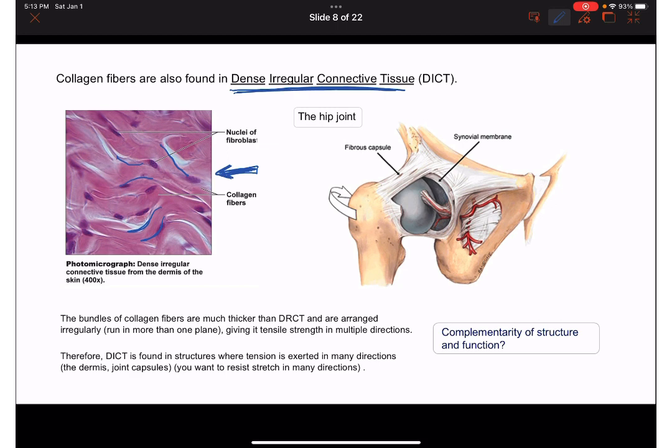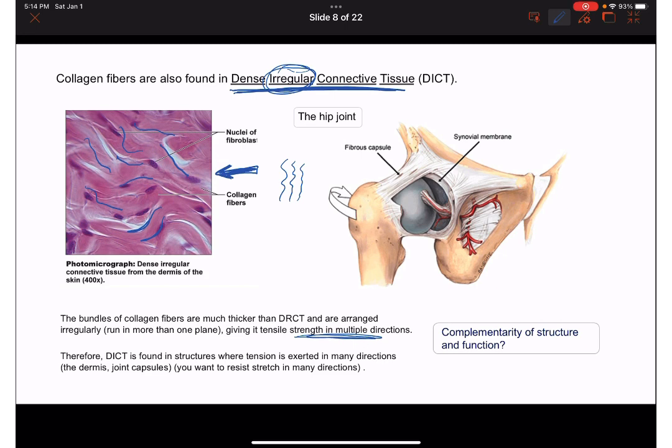Well, in dense regular connective tissue, all of the collagen fibers ran in one direction. But in dense irregular connective tissue, you have collagen fibers that are running in multiple directions. And what that means is it can resist stretch in multiple directions. It doesn't just resist stretch in one direction, it resists stretch in multiple directions.